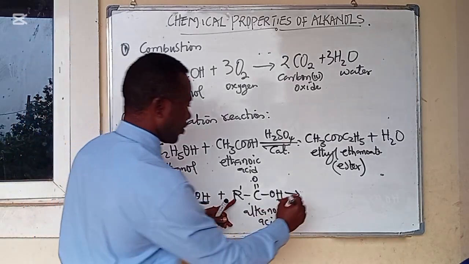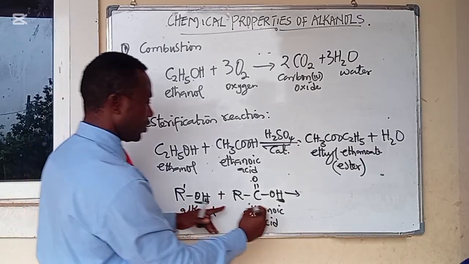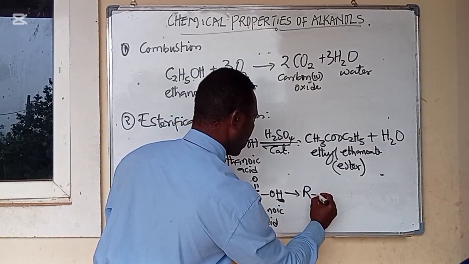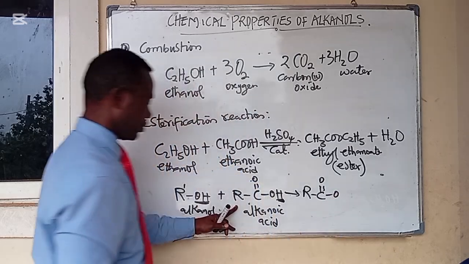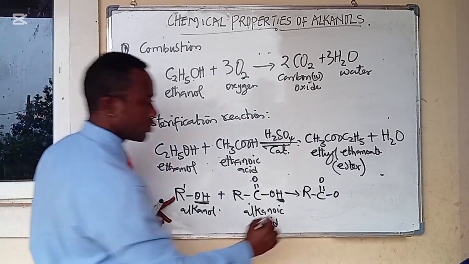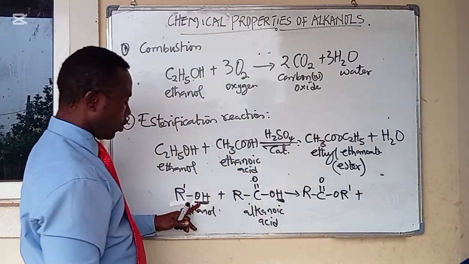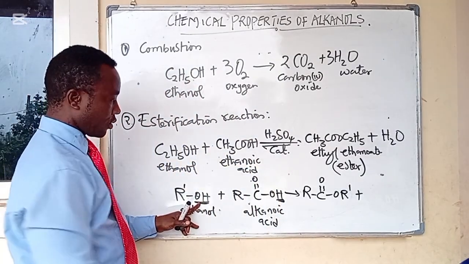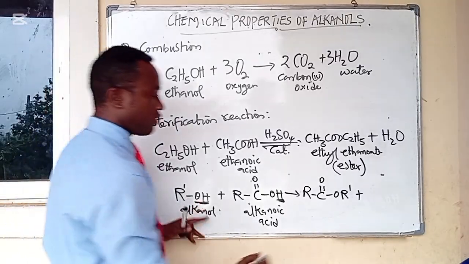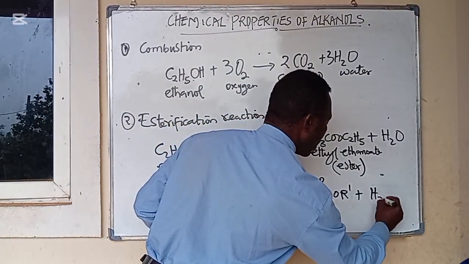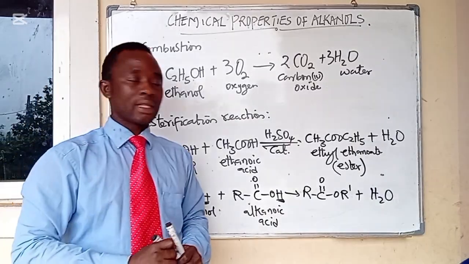Let us use this one as R prime, and this is R. So what we have is R prime, C double bond O, then O, then this R comes in. The OH that is going off from the alkanol will combine with the hydrogen that is going from the acid to give you water, which is H2O. So this is the general reactivity.